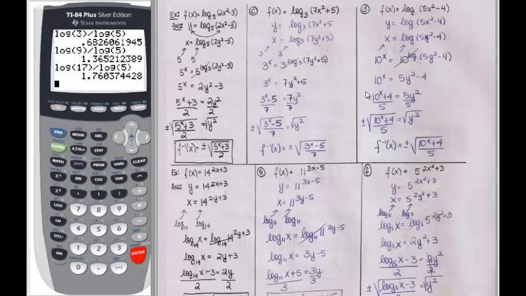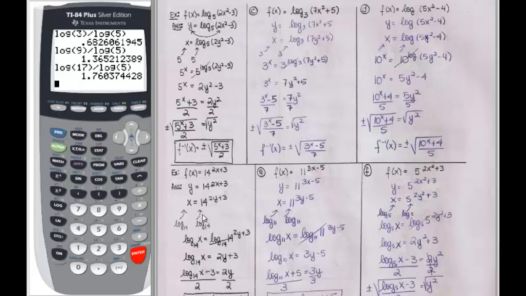The next one is an exponential function, and we need to find the inverse of that. First of all, change the f of x to y, switch the x with the y, same steps. Now that I have this, how do I get rid of the exponential?